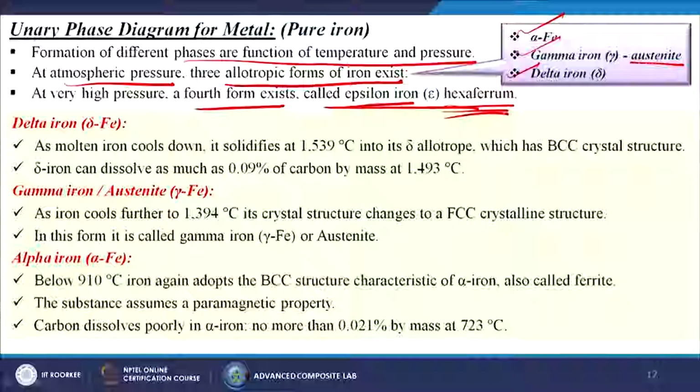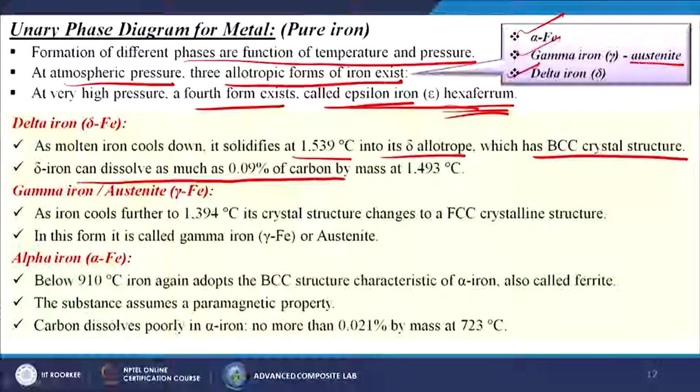What is delta iron? As molten iron cools down, it solidifies at 1539 degree centigrade into its delta allotrope, which has BCC crystal structure. Delta iron can dissolve as much as 0.09% of carbon by mass at 1493 degree centigrade. What is gamma iron, or austenite, or gamma Fe?